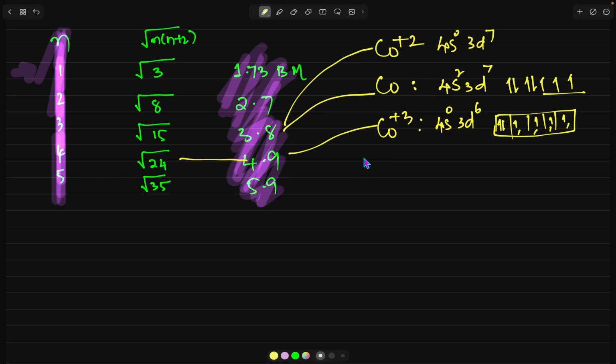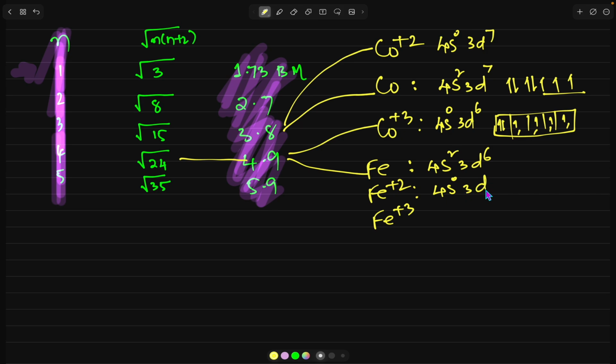Okay, so let us take one more example: Fe +2, Fe +3. Tell me. Fe is 4s2 3d6. 6 means 4 unpaired, so 4.9. So Fe +2 is also 4s0 3d6, so this also is 4.9 or root 24, and Fe +3 is 4s0 3d5.